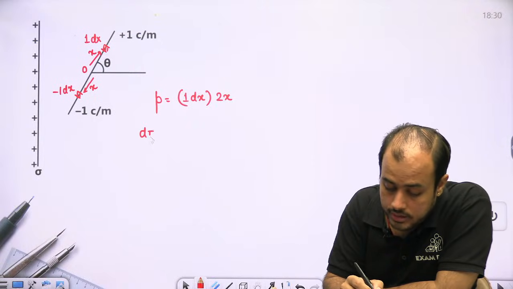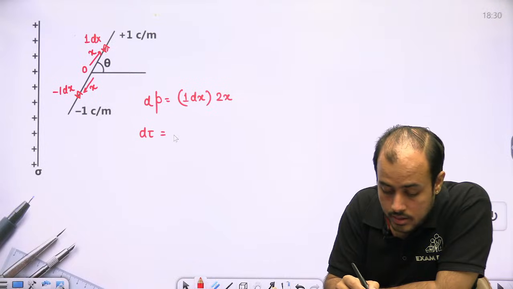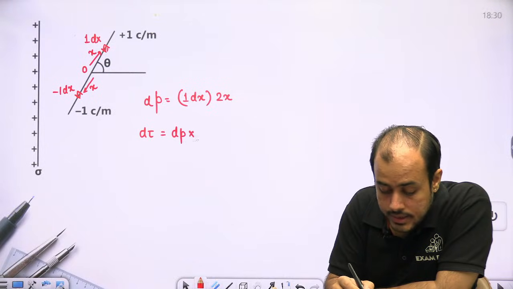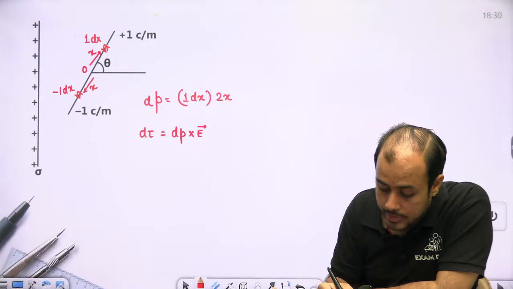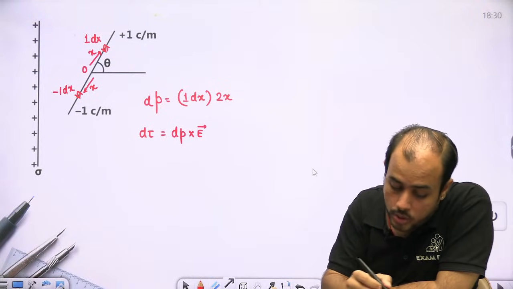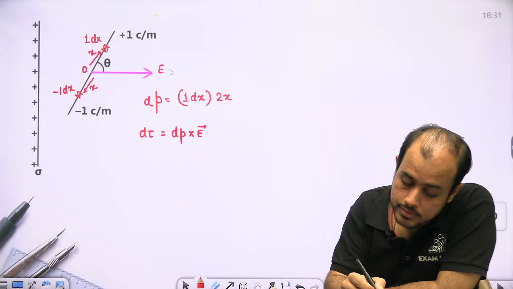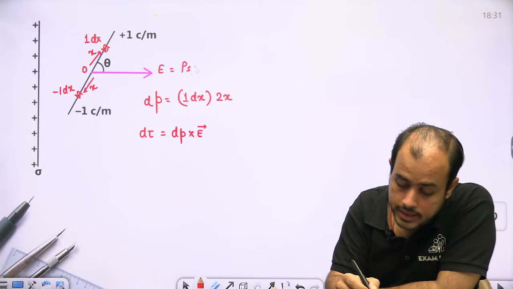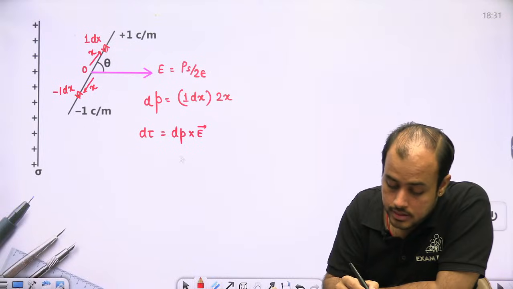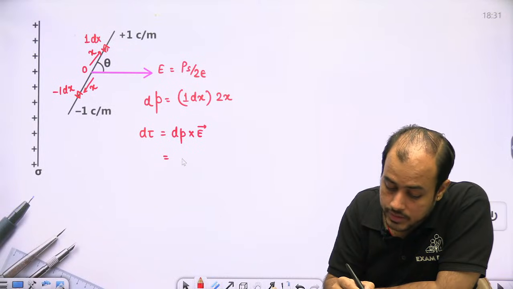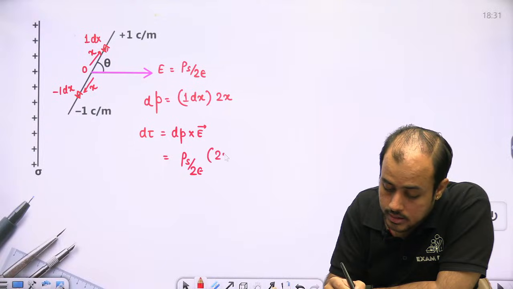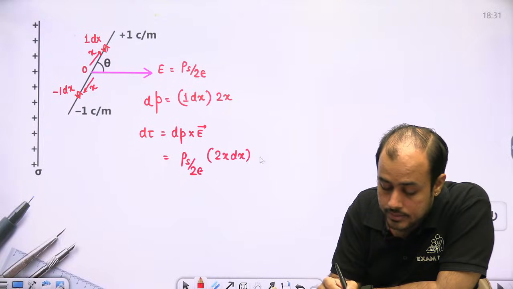Now torque, dp cross E. Now beta, electric field due to a positive sheet will be like this, is rho s by 2 epsilon. So that is the angle will be theta, rho s by 2 epsilon, 2x dx into sin theta.